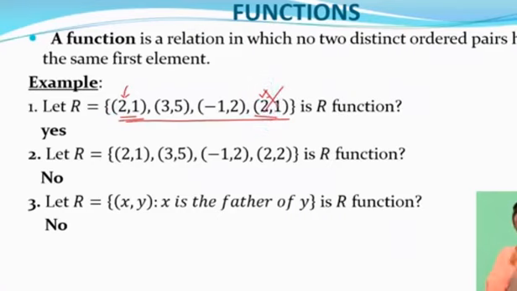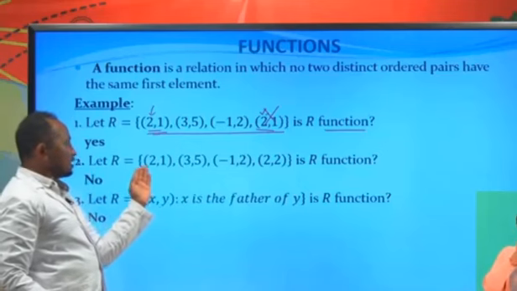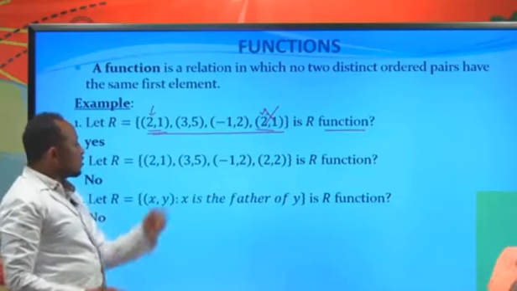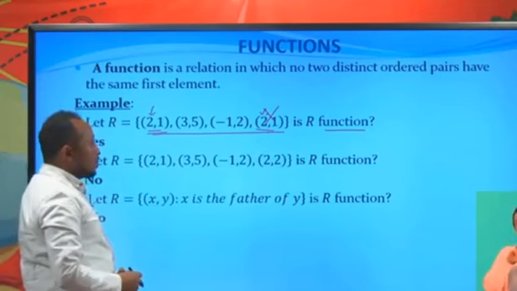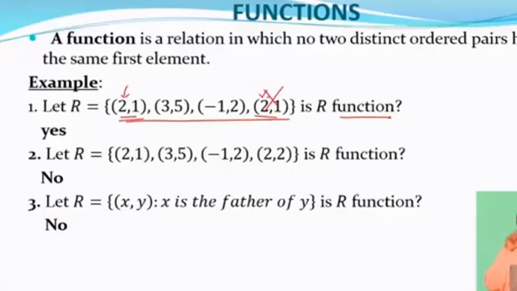It will be a function. And let's take this one. Let R be given as {(2, 1), (3, 5), (-1, 2), (2, 2)}. Is R a function? If you check here, 2 is repeated, and these two pairs are distinct. Therefore, this one is not a function since the first element is repeated.